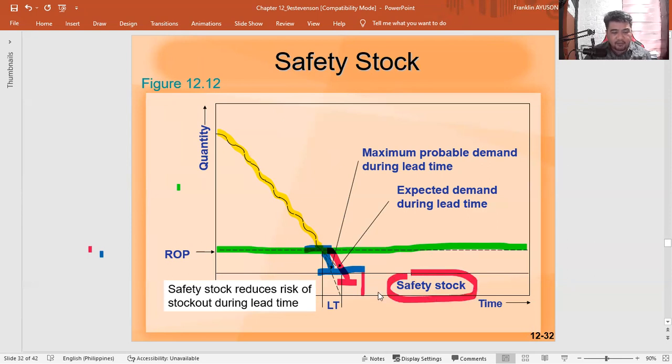Yan. So, ibig sabihin, kahit na bumaba na tayo dun sa ating probable demand during the time, meron pa rin tayong stock na hawak to serve our inventory. Pero syempre, hindi dapat mag-exceed yan sa zero. Ibig sabihin yan, yun na yung point na umorder ka kay McDonald's, for example, walang burger, which is imposible.